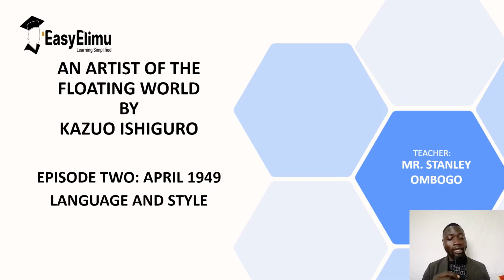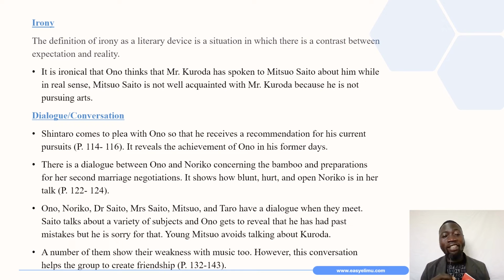So we are going to look at some of the stylistic devices that we have in this novel. So talking about the stylistic devices, allow me start by looking at the first style, that is irony.